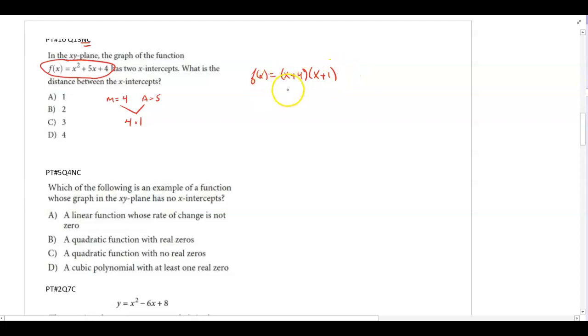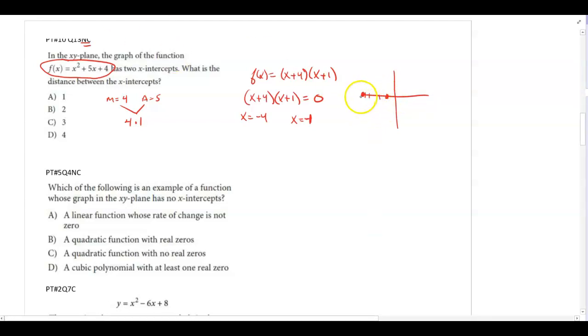Now, here's the thing. To find the x-intercepts, I'm going to let y equal 0. So f of x equals 0 like this. And now I get one x-intercept at negative 4. The other x-intercept is at negative 1. So if I were to plot these x-intercepts, (negative 4, 0) and (negative 1, 0), what is the distance between them?